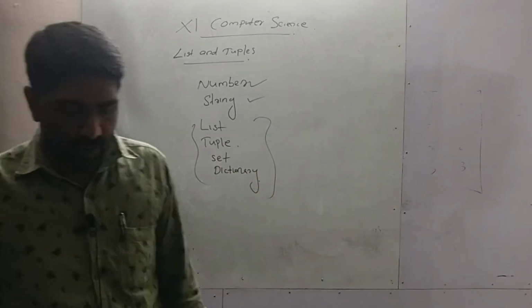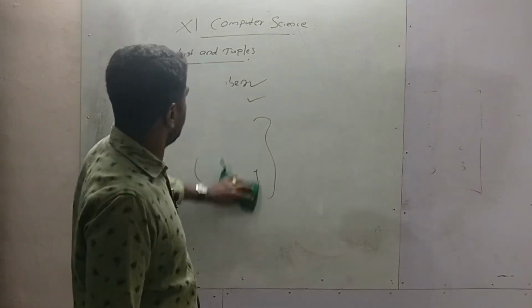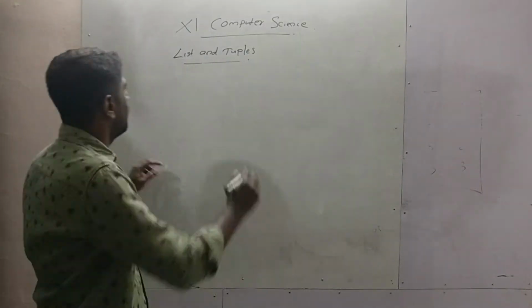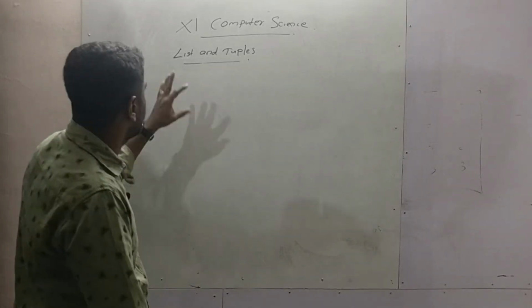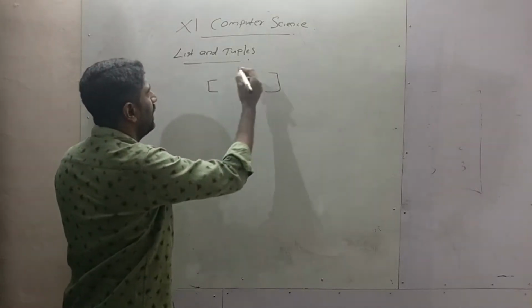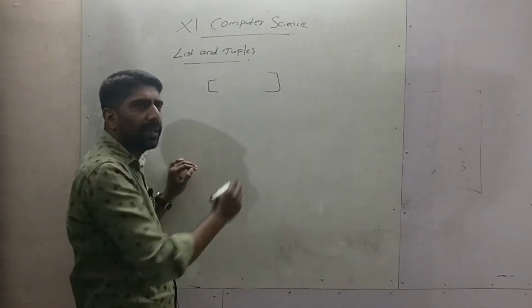First of all, the list and tuple. What is a list? A list means a group of elements enclosed in square brackets.